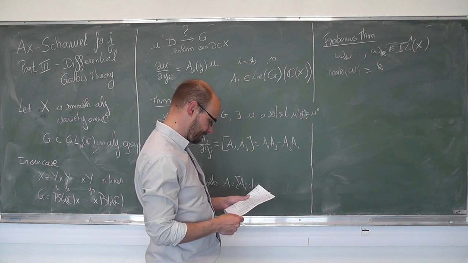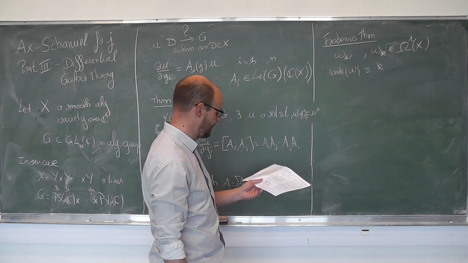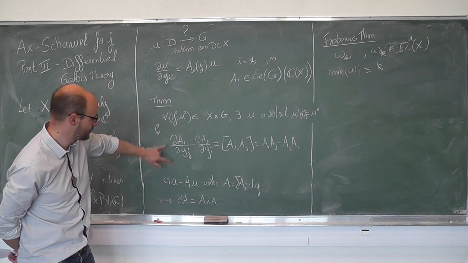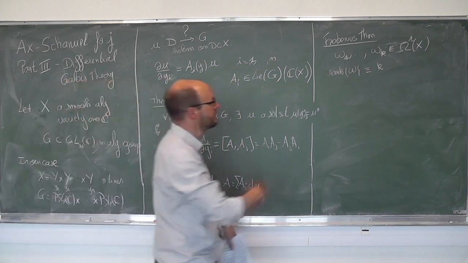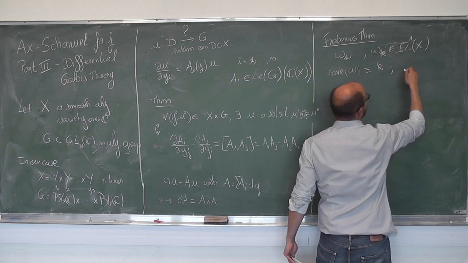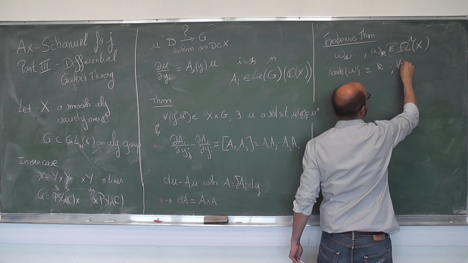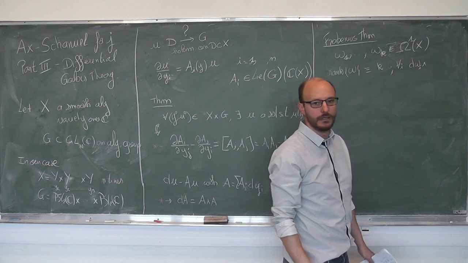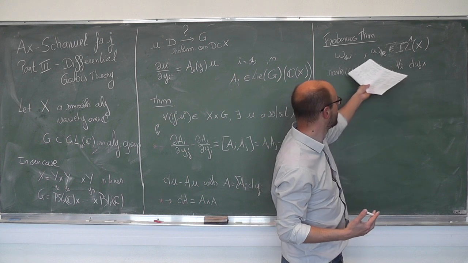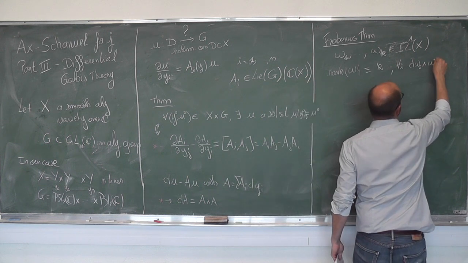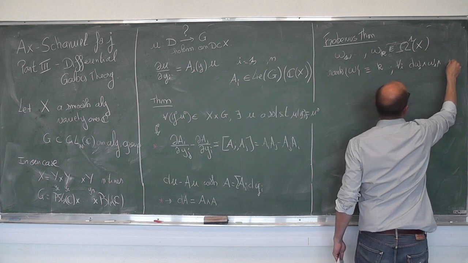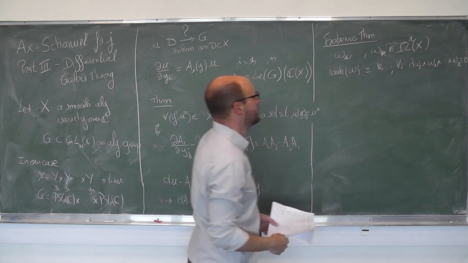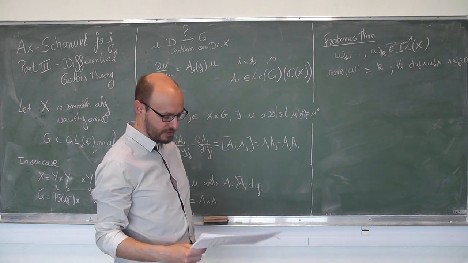Then here's my theorem. And you have a new condition, written in this general setting. The condition is this: for all i, d omega_i is 0 modulo the forms omega. This is known as the Frobenius condition.